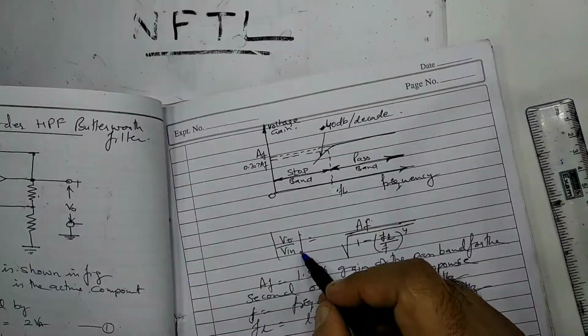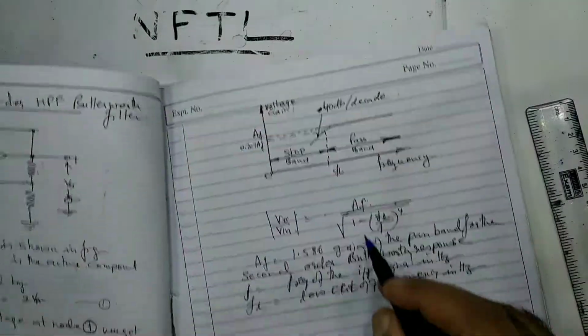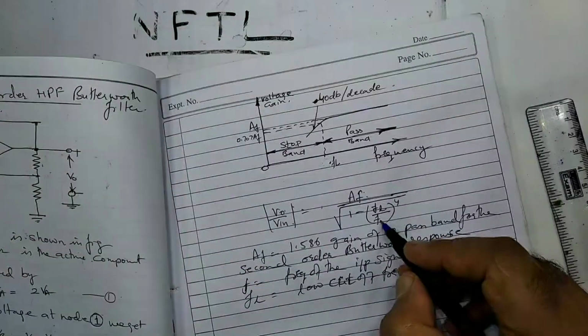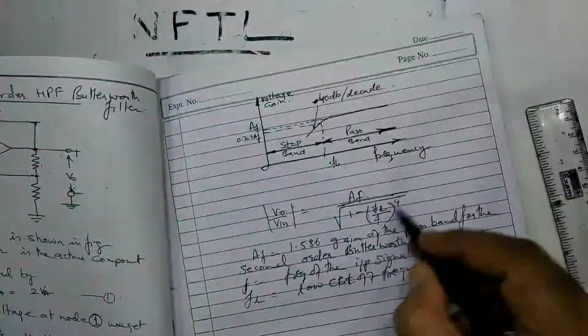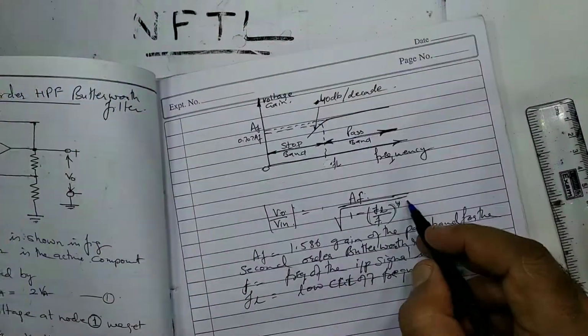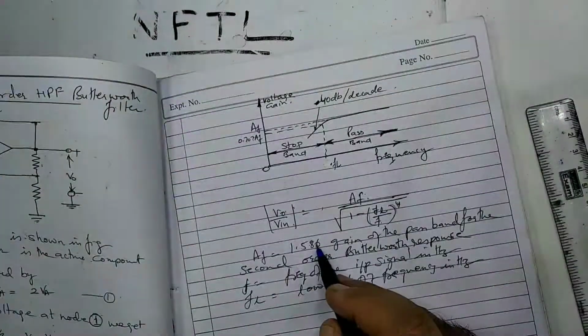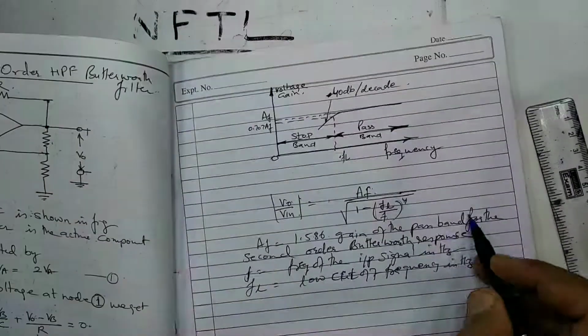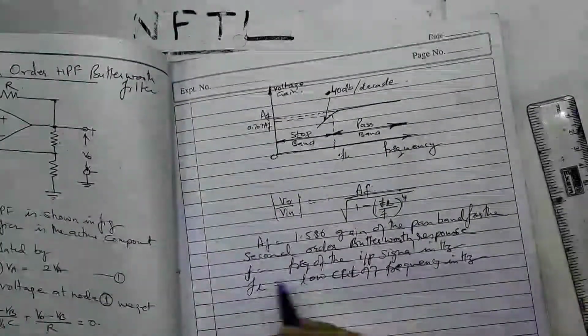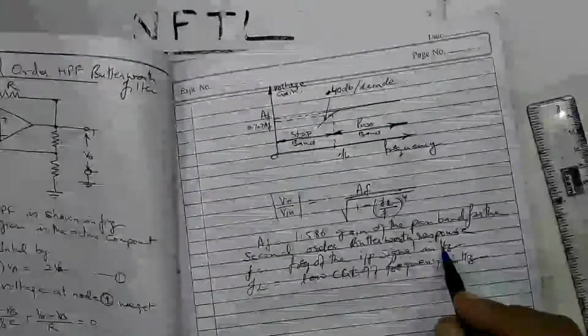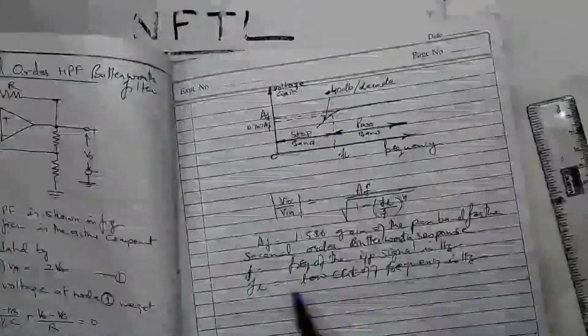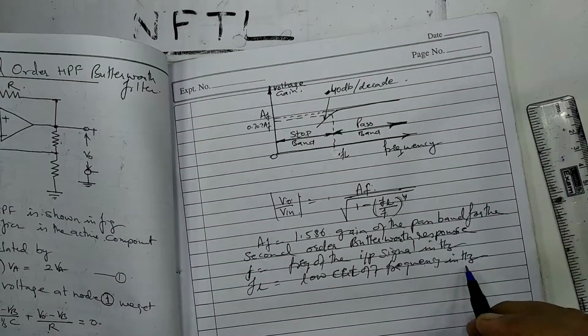Now Vo/Vin = AF / sqrt(1 + (FL/F)⁴), the whole raised to the power 4 under the root. AF = 1.586 is the gain of the pass band for the second order Butterworth response. F is the frequency of the input signal in Hertz. FL is the low cutoff frequency in Hertz.